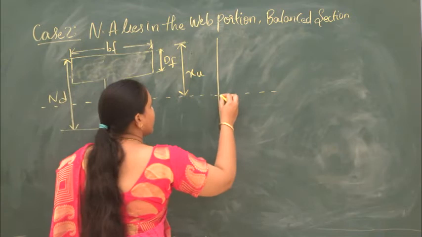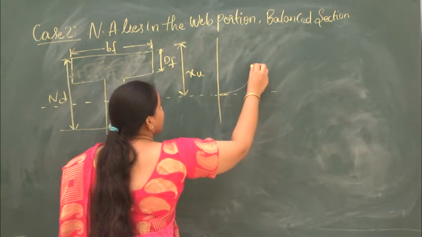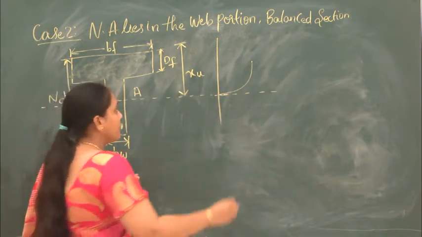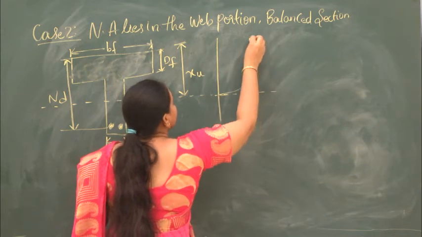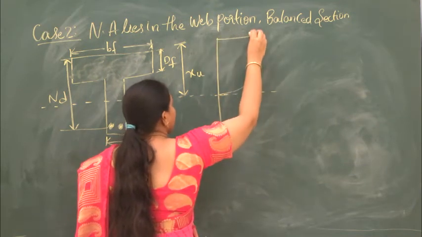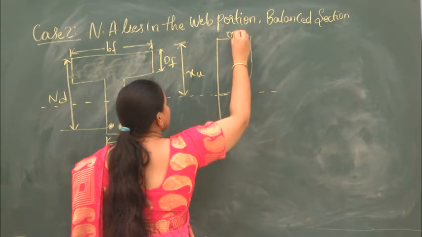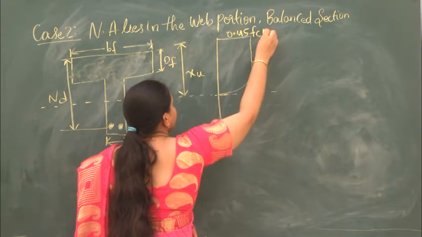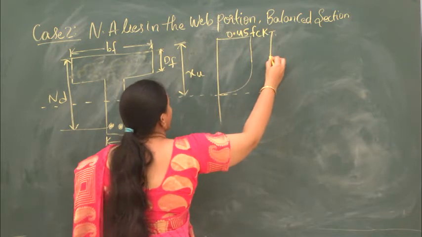So for concrete, what is happening here? Up to a strain of 0.002 it will be a parabola, and from that the stress block is going to be linear. So what is the stress here? It is 0.45 fck, and we have calculated these distances also.